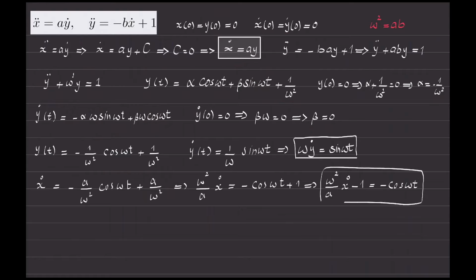And I want to get rid of time, so this will motivate me to square this one, so it becomes cosine squared, square the other one, so it becomes sine squared, and then add them up.